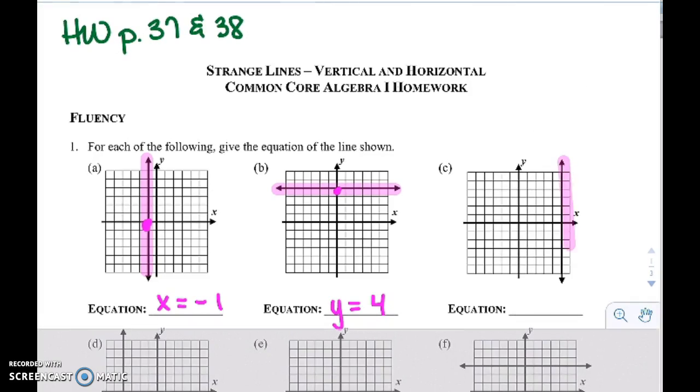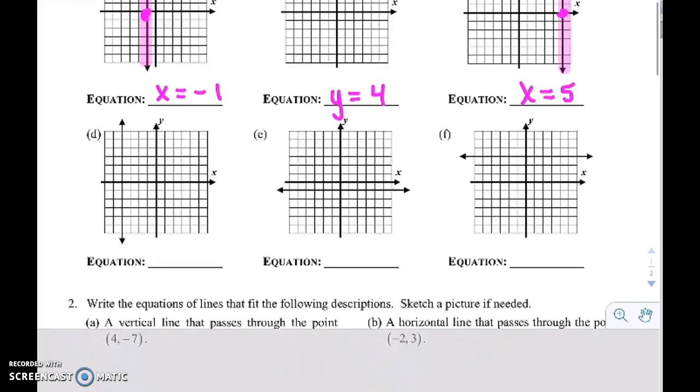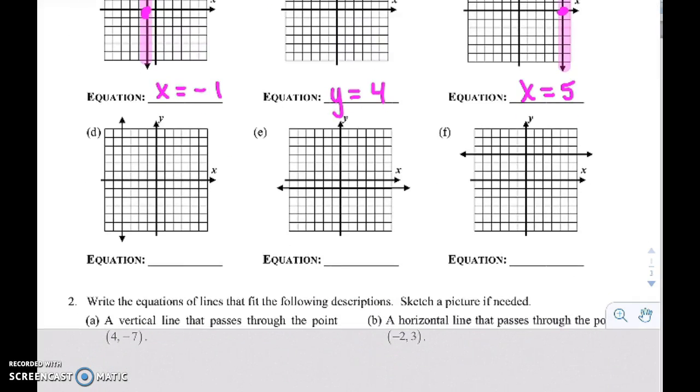C, vertical line, intersecting when x equals 5. So that means it's the line x equals 5. D, another vertical line, intersecting the x-axis here at -4, giving it the name x equals -4.